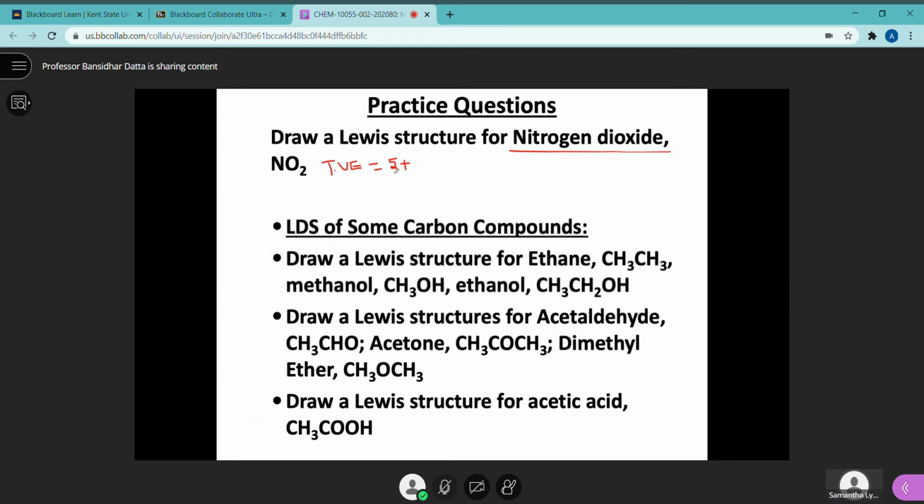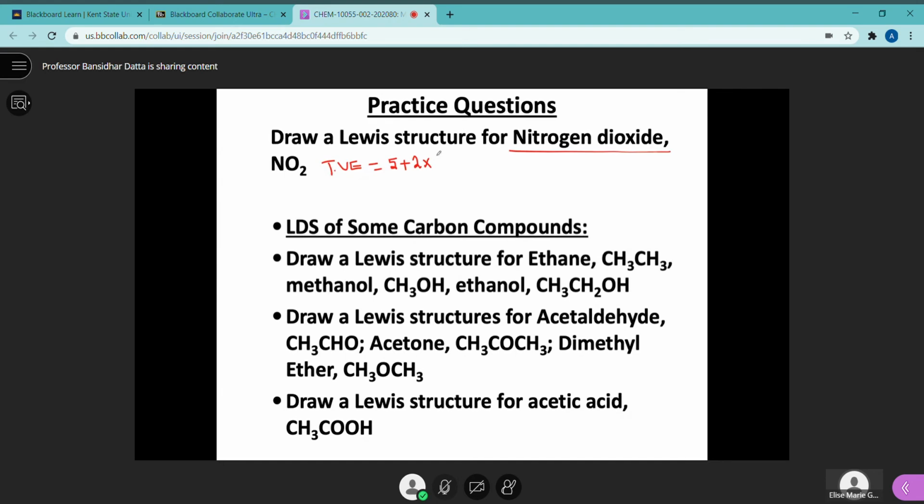So it's group 5A. Look at the periodic table. Keep it handy always. So group 5A, nitrogen has 5 electrons. How about oxygen? How many electrons in the outer shell?